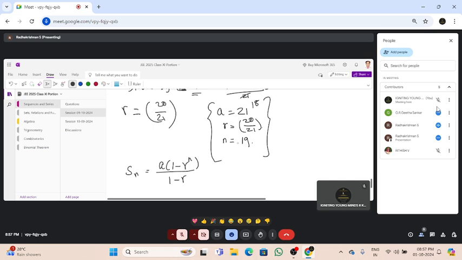Now, because R is less than 1, put 21 to the power of 18 into 1 minus R power n by 1 minus R.